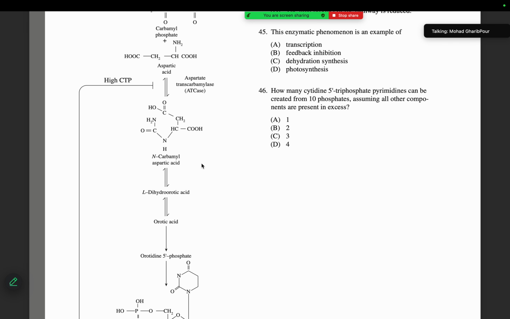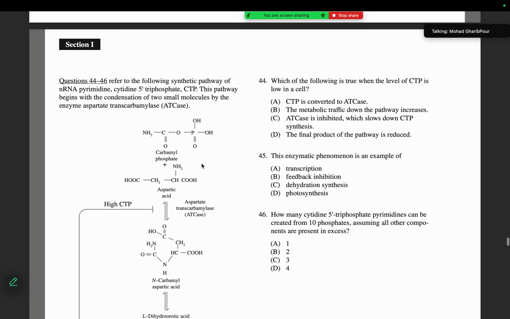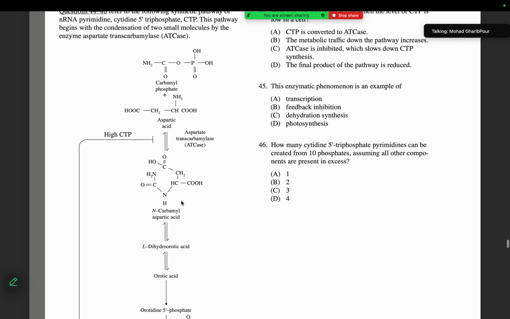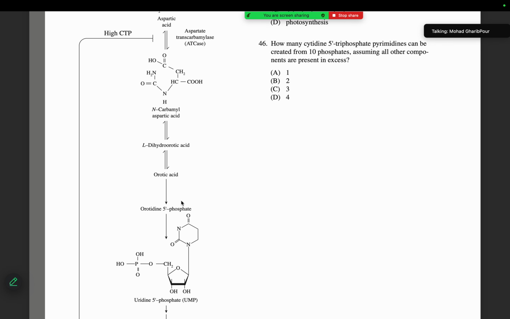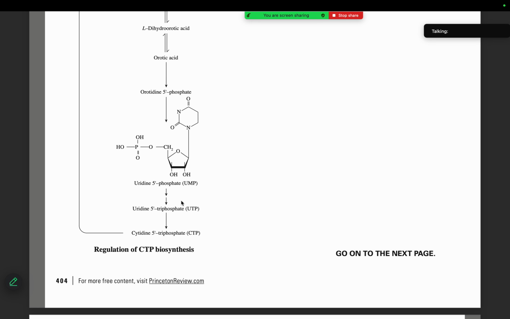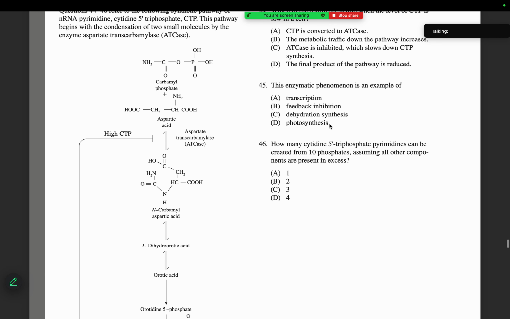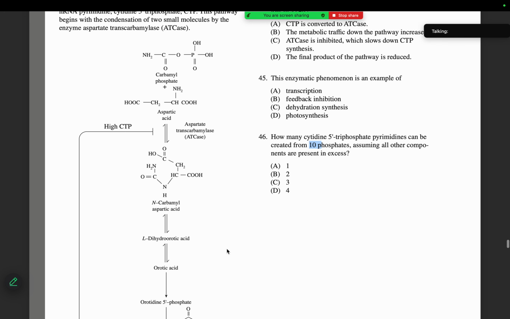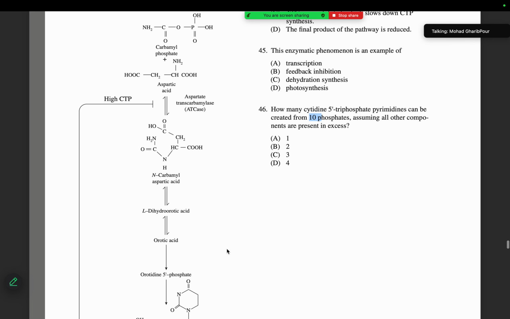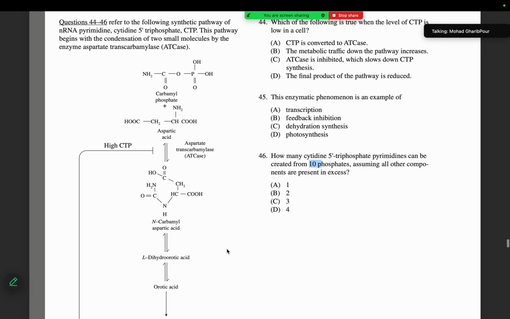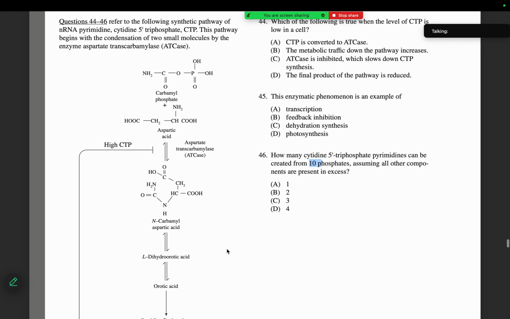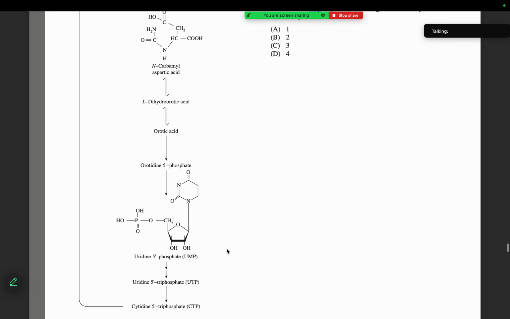So you gotta look over here. You have, what does it say? So 10 phosphates. You just got to see how many phosphates you're going to need in this process. So you have 10.